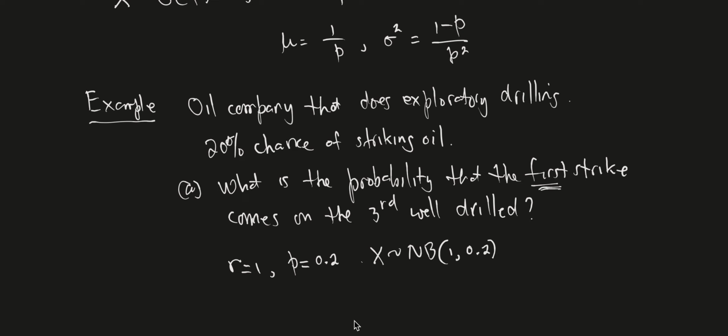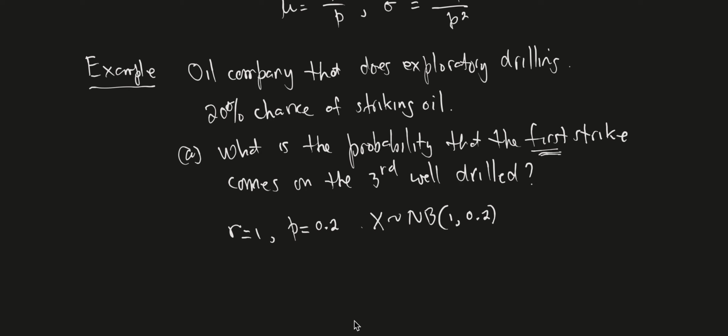So let's write down, in the fullest sense, what the PDF will look like. So it's x minus 1 choose r minus 1, which is 0.